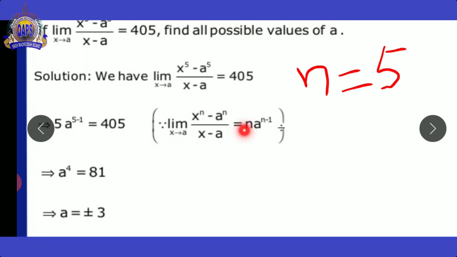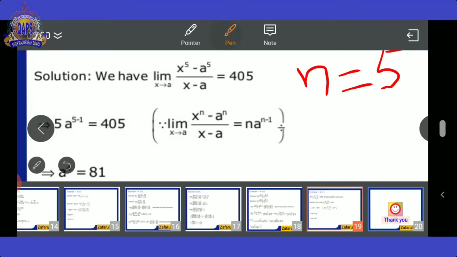In this situation we put 5 in the place of n, a remains the same. In the place of n we put 5, minus 1 will be the same. So this whole result will be equal to 405. Now 5 is multiplying here, and when this 5 goes from this side to the other side, it will become divided.